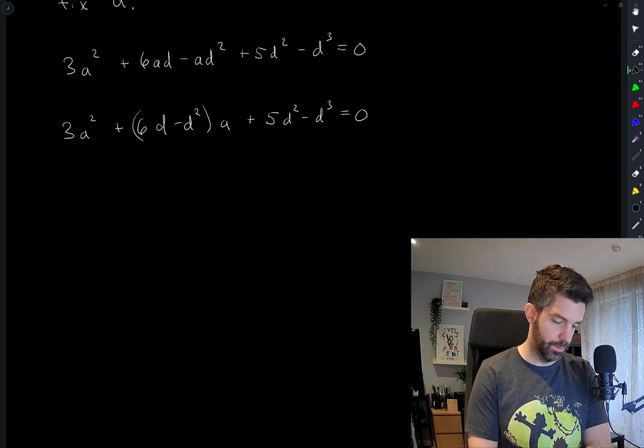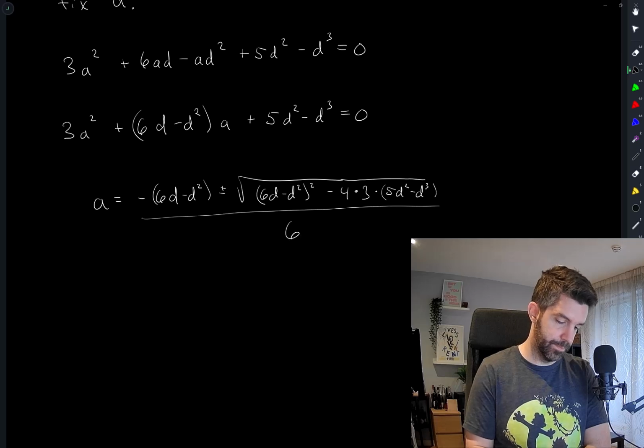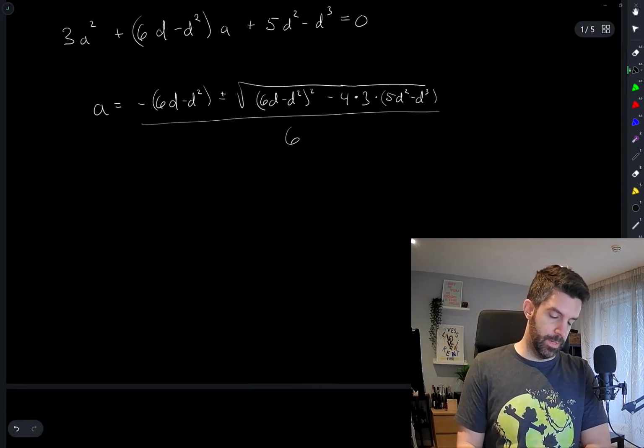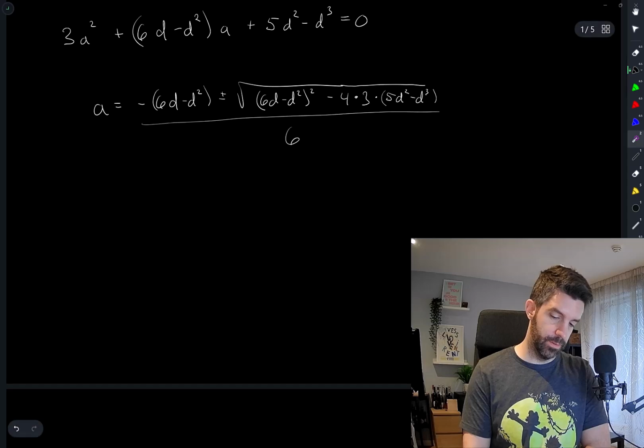Okay, so this says that a is equal to, so I need the thing under here to be a perfect square.